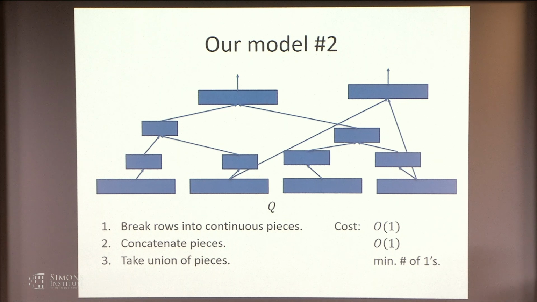So our goal is to capture all these combinatorial algorithms, but so far we succeeded only with capturing the first one, shaving these two logs. And so this would be our next model. If you look at these combinatorial algorithms, how do they usually operate?